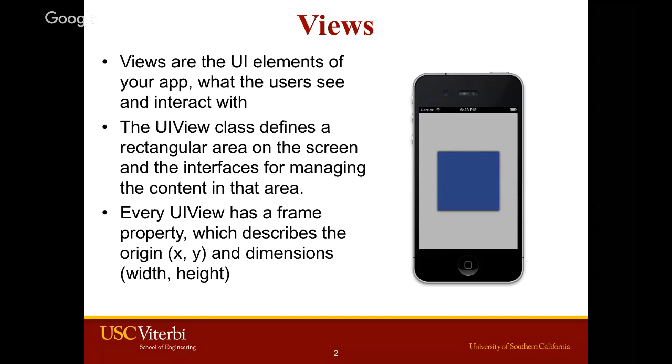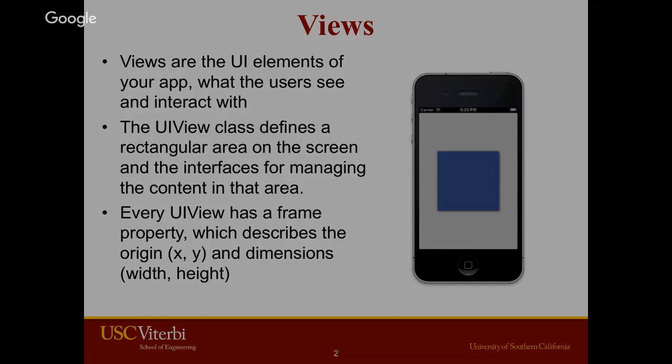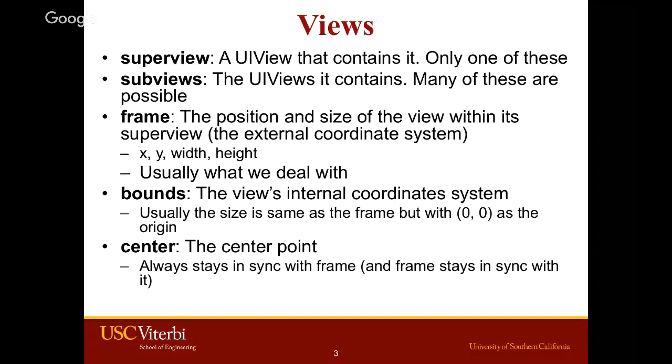Buttons, labels, segment controls, text fields all have frames because the UIView parent class has a frame. Okay, so this is also important to understand when we talk about views. Views can have relationships between each other. So let me do a quick demo on that.